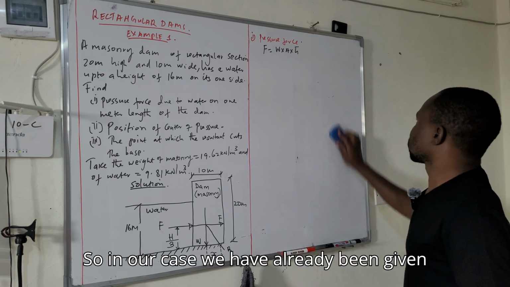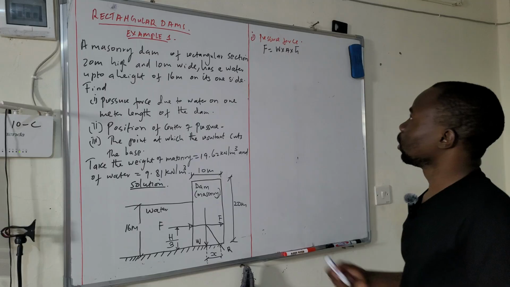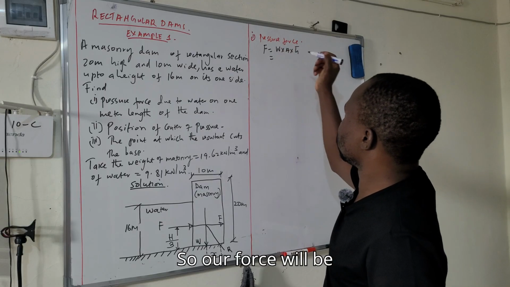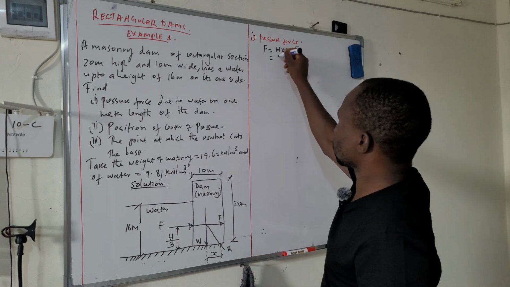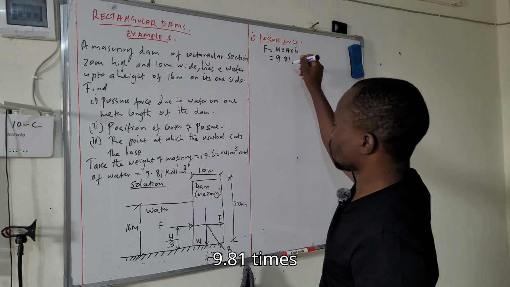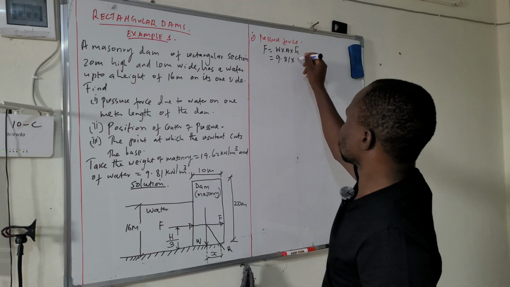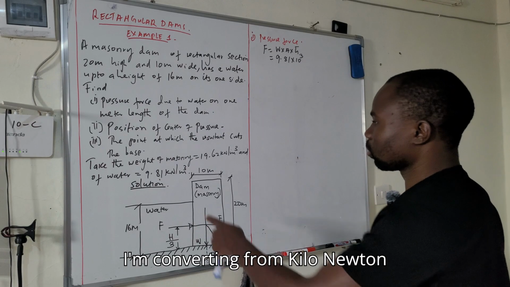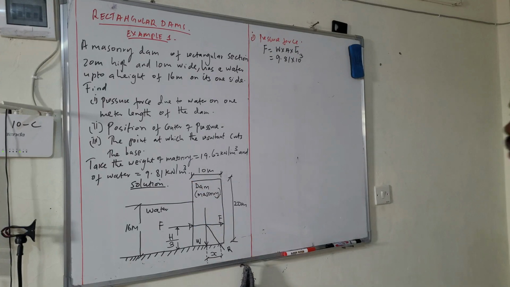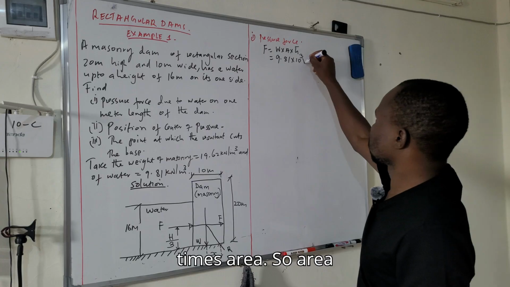In our case, we have already been given it. So our force will be the unit weight of water, 9.81 times 10 to the power 3, converting from kilonewton per meter cubed to Newton per meter cubed, times area.